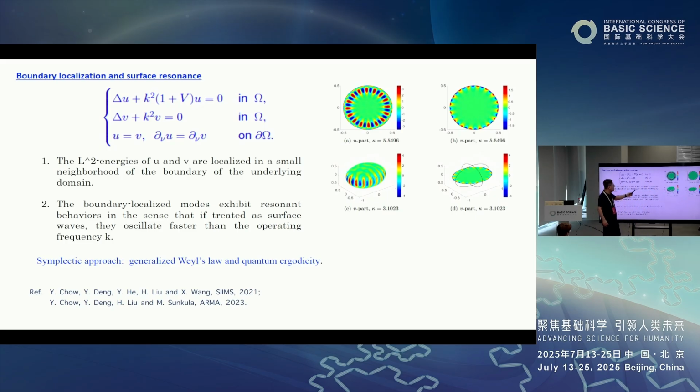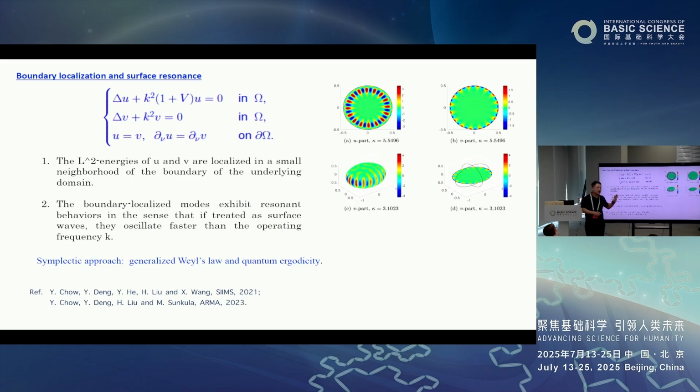So the gradient field of those eigenfunctions, the gradients of u and v over k, are going to blow up as k goes to infinity. That means they oscillate much faster. Okay. So this is based on the generalized Weyl's law and quantum ergodicity.